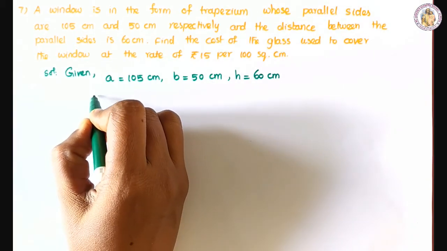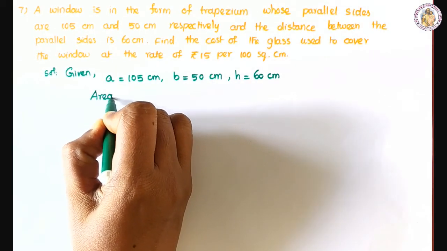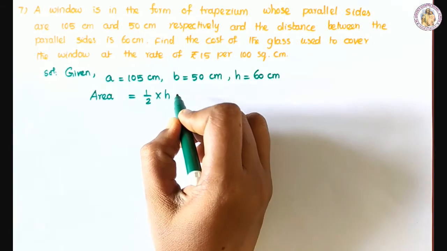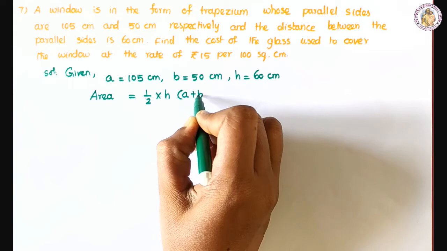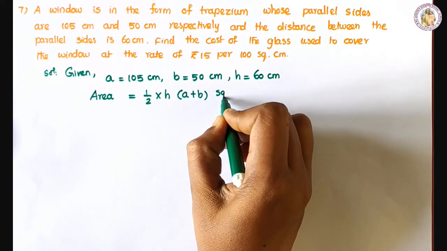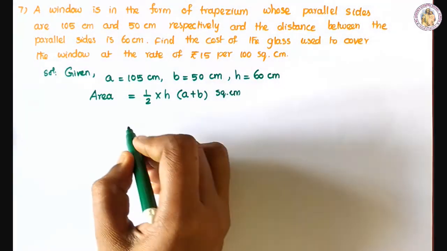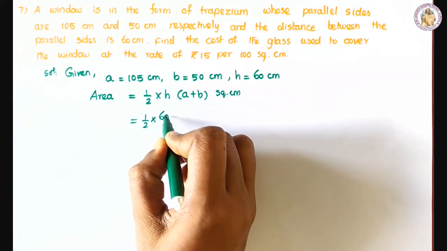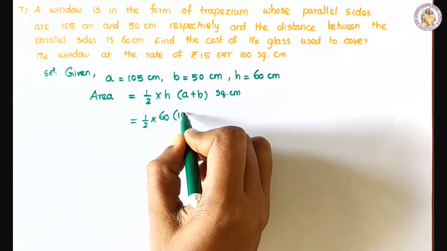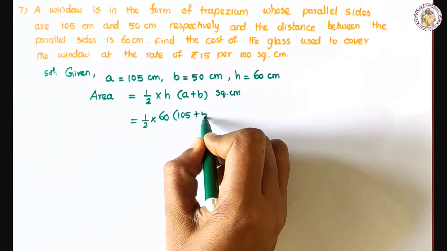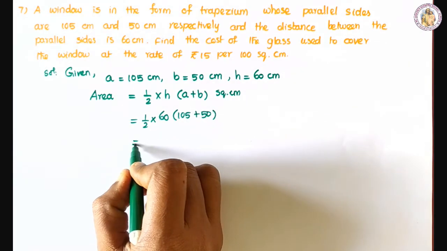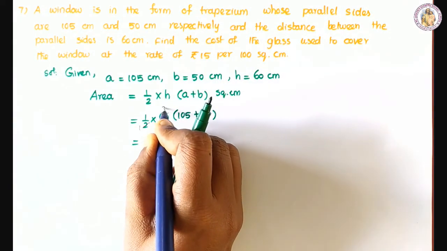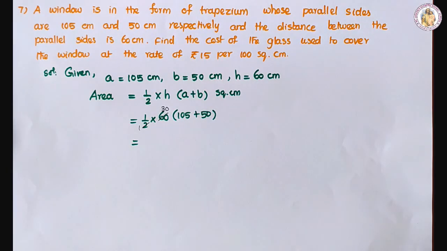So we have to find out first area. Area equal to 1 by 2 into h into a plus b square centimeter, that is equal to 1 by 2 into 60 into 105 plus 50. Now the cancellation, 2 1 is 2, 30 2s are 60.